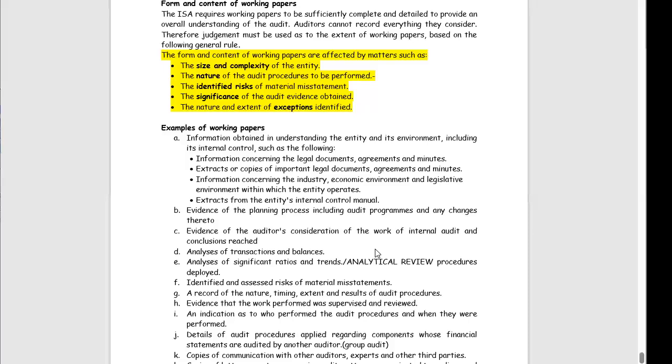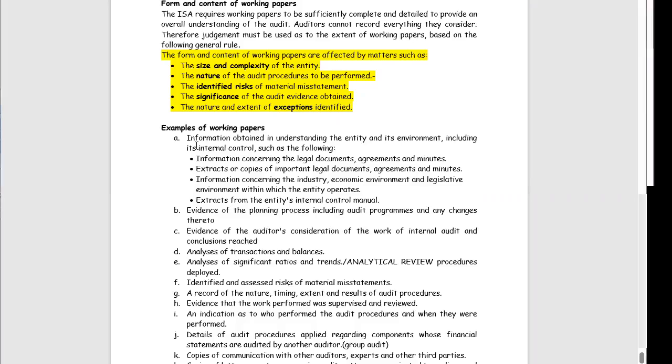The last one is the nature and the extent of exceptions identified. So those are the factors that affect the form and the content of the working papers as stipulated in the standards. So next we have examples of audit working papers.